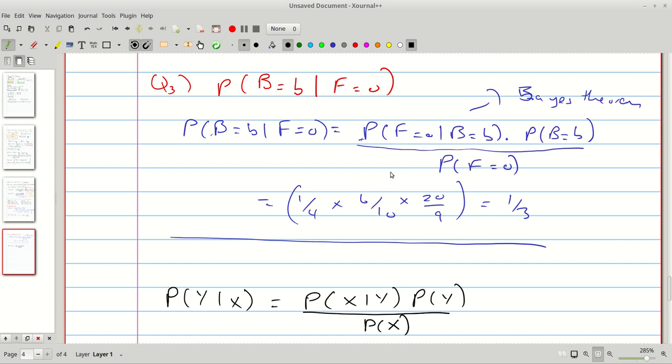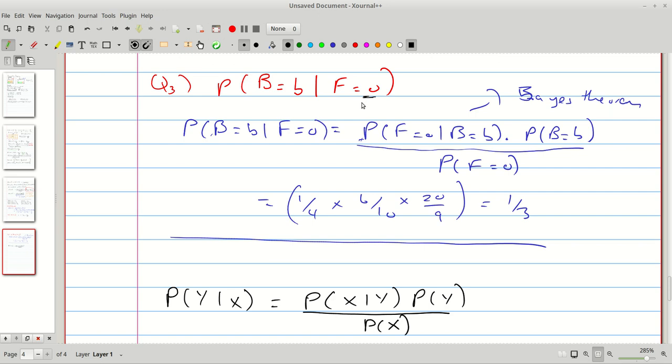So for instance, if we had been asked which box had been chosen before being told the identity of the fruit that was chosen. In this example, we're just told a piece of fruit was selected, right? And it was an orange. We know the fruit was an orange.